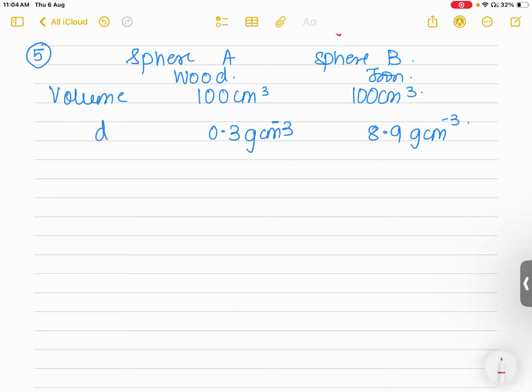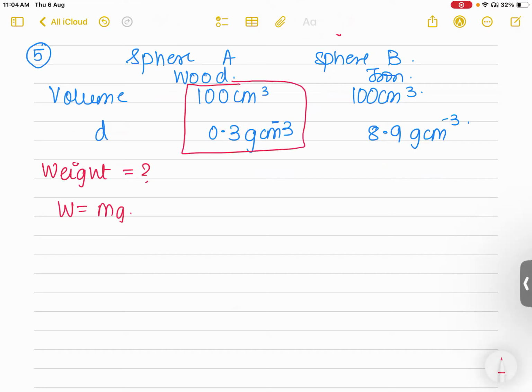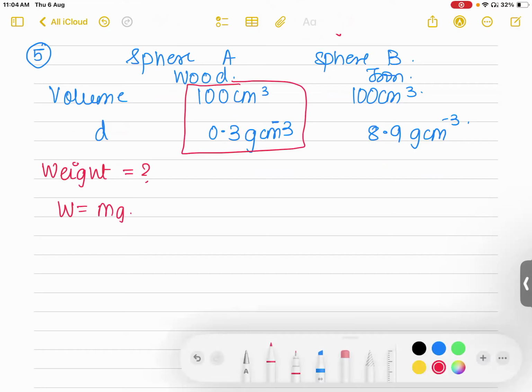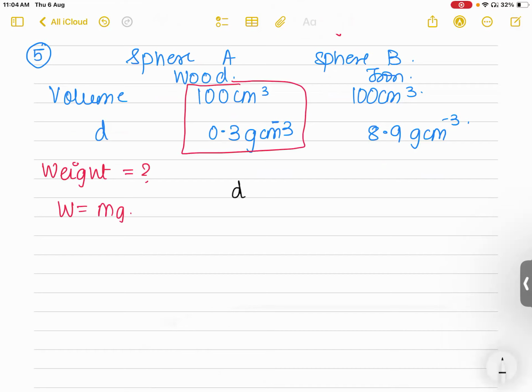Now to calculate weight, I technically need mass because I know that weight is equal to m into g. Now to calculate mass, I will have to take the help of both these values. Why? Because students, we know that density is mass upon volume. So let's try to find out for the first one. For sphere 1, I will use this formula.